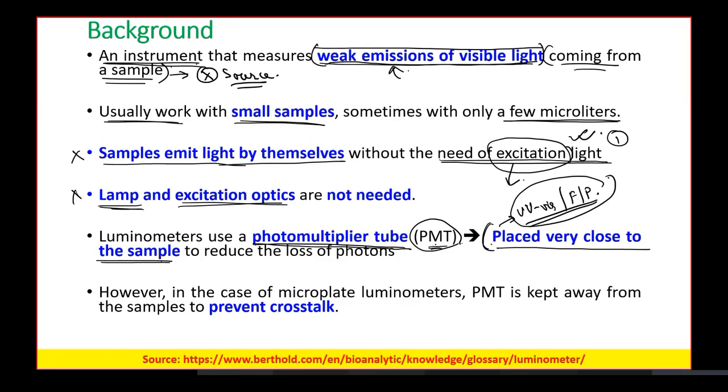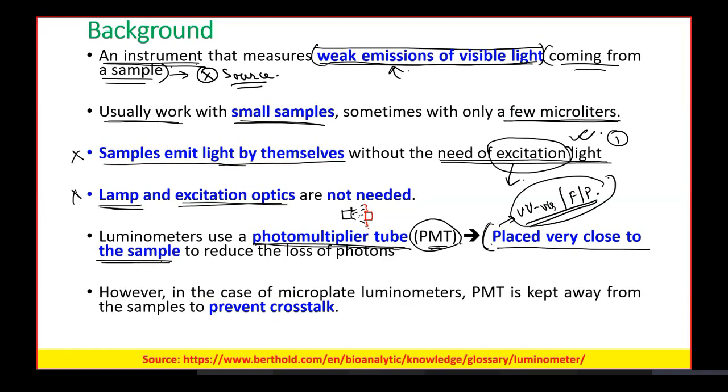If we place the PMT at a greater distance, suppose here is the sample, and this sample is emitting light in all directions, right? Now, if you place the PMT far apart over here, a large amount of the radiation is being lost.